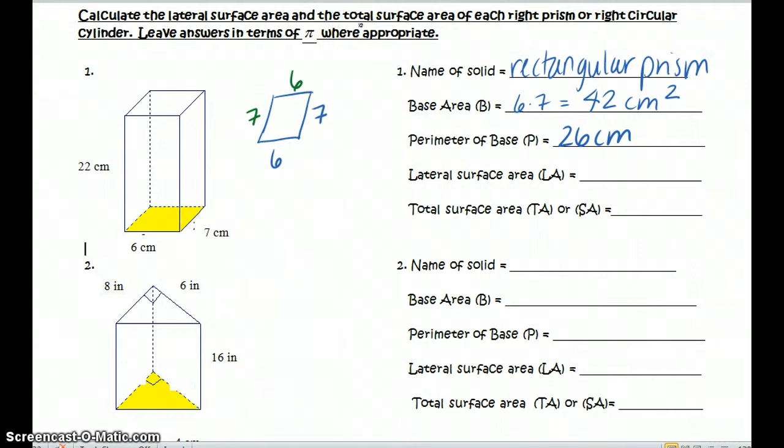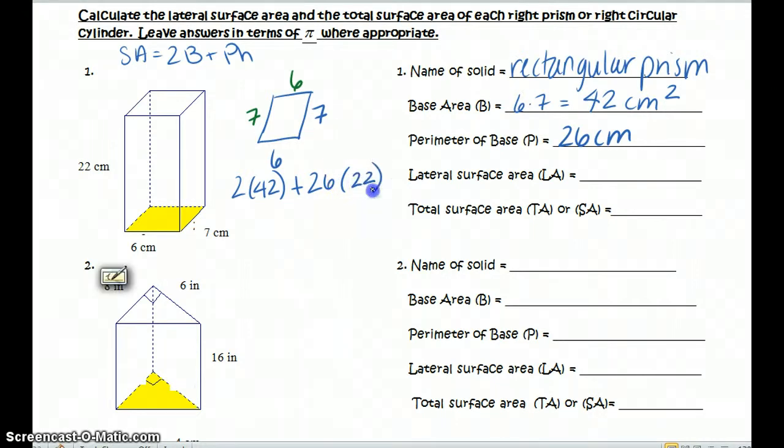Okay. Now let's plug it into the formula. So surface area equals 2B plus Ph. Remember that these formulas will be written on the board for you, but the name of the solids will not be. So 2 times 42 plus P, which is 26, times the height of the prism. Remember that the height is the distance between the 2 bases.